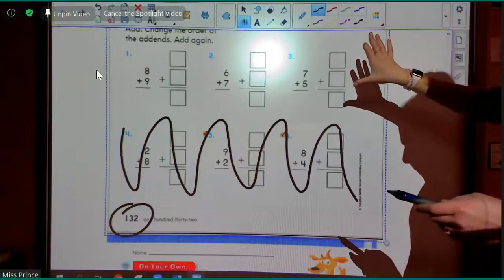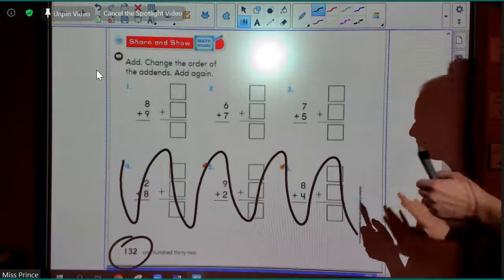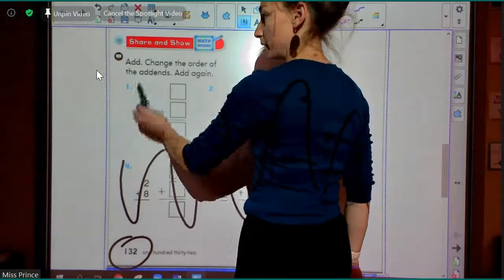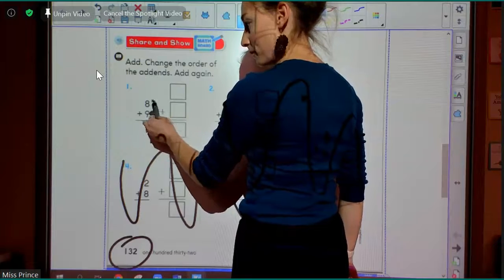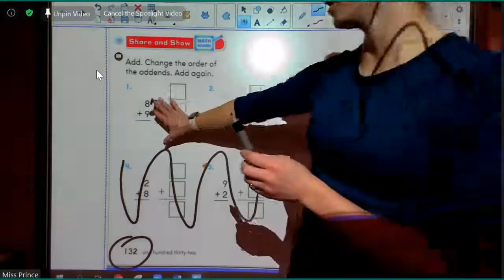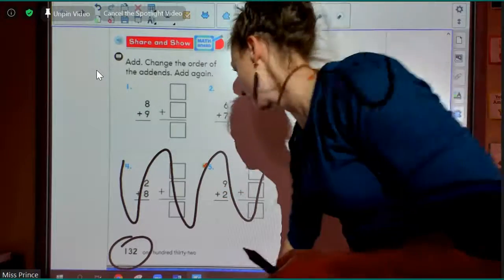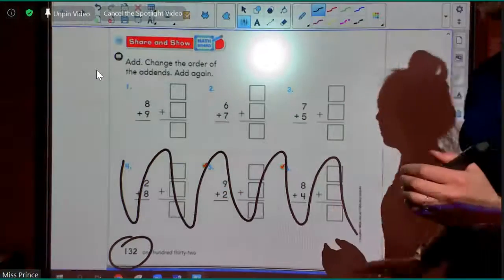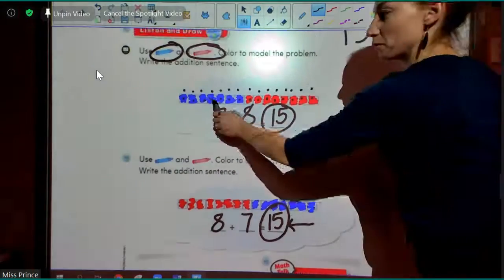Okay, so the directions say add. Change the order of the add-ins, so we're going to flip-flop them, and then add again. So when we are modeling this, boys and girls, I want you to be using your red crayon and your blue crayon. So first, just like we did up here, we're going to start with blue.